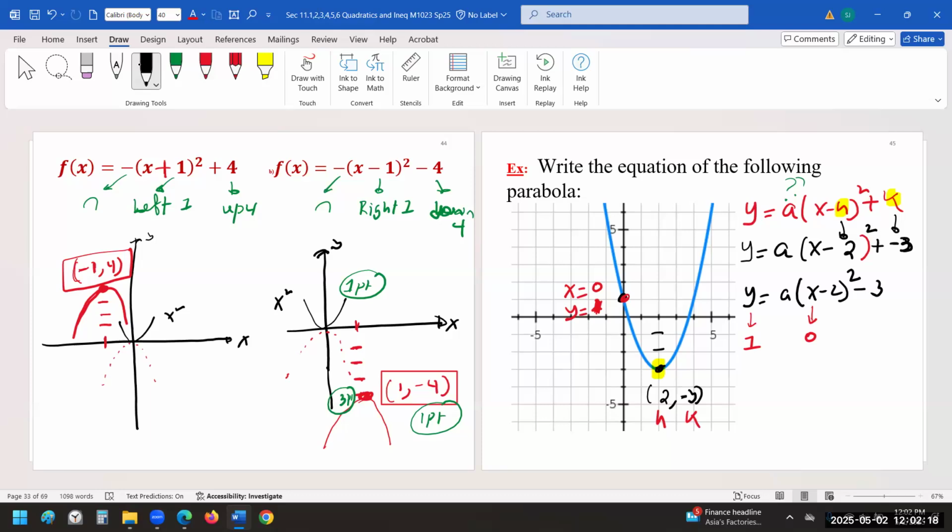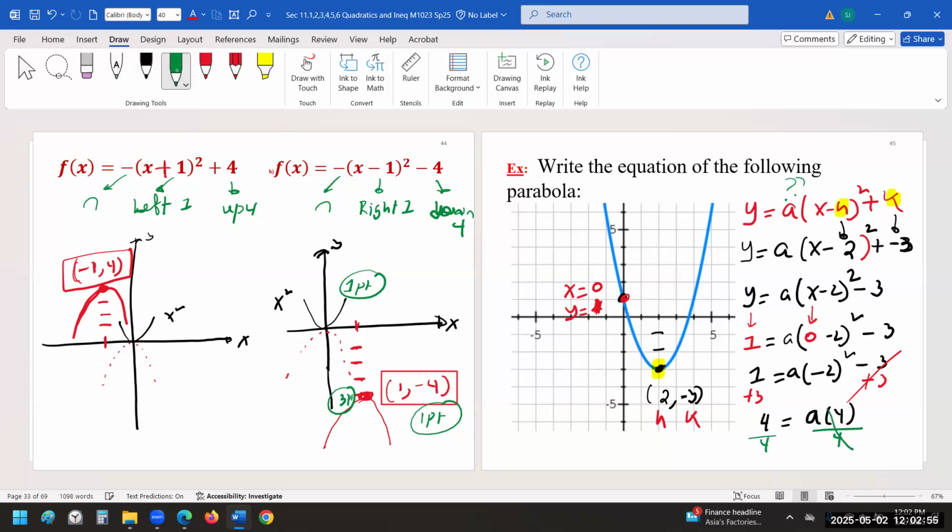So we have a (0 minus 2) squared minus 3. So now there is no more variable besides a. We can easily solve for a. So 1 equals, 0 minus 2 is negative 2. And negative 2 squared means positive 4. So 1 equals, and also we can add the 3 on both sides. So we get 4 equals 4 times a. We can divide both sides by 4 to get the a alone, and we get a equals 1.